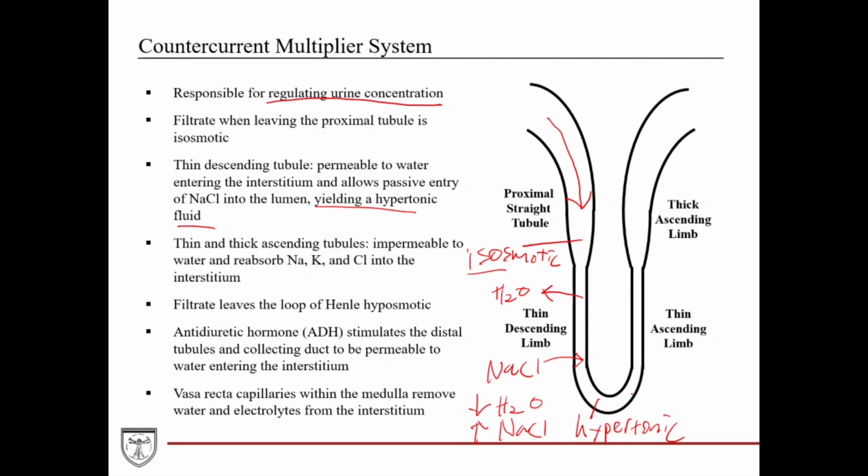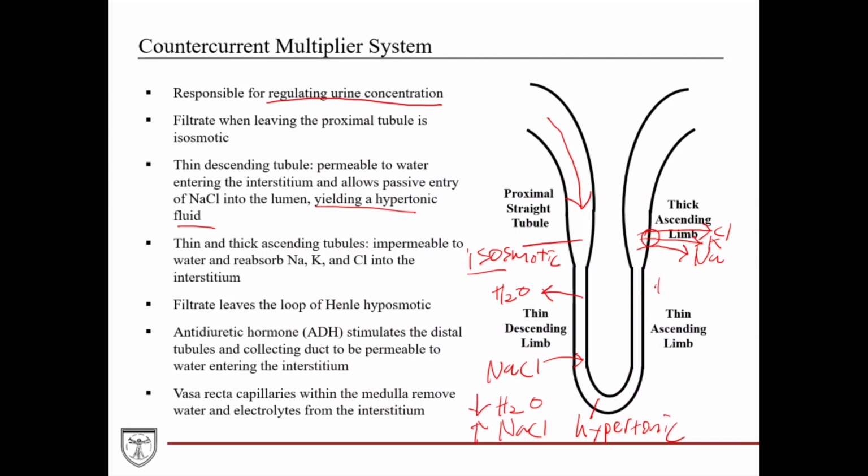And so at the tip of the loop of Henle, you've yielded a hypertonic fluid. Now, as you start to go back up in the thin and thick ascending tubules, remember, these are impermeable to water. So the amount of water is going to stay the same. However, sodium and chloride and potassium, especially here in the thick ascending limb, remember with that sodium, potassium, chloride co-transporter, is going to reabsorb these.